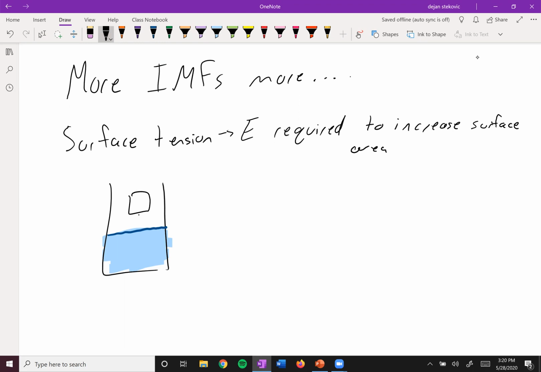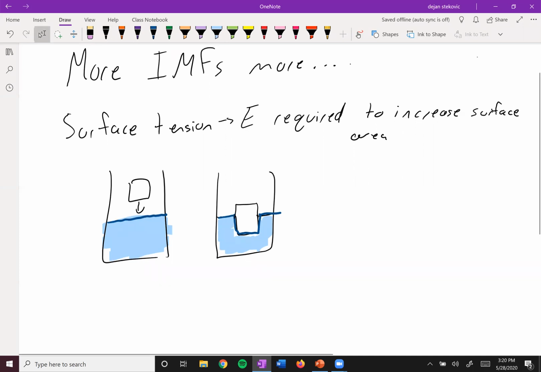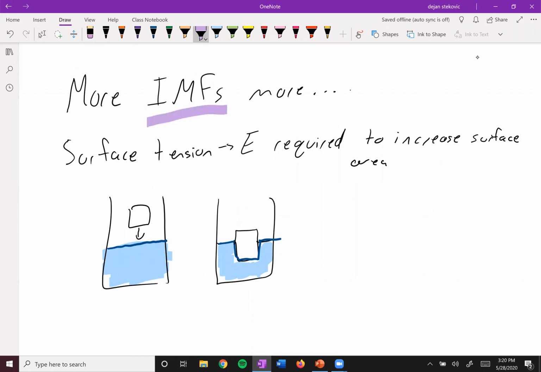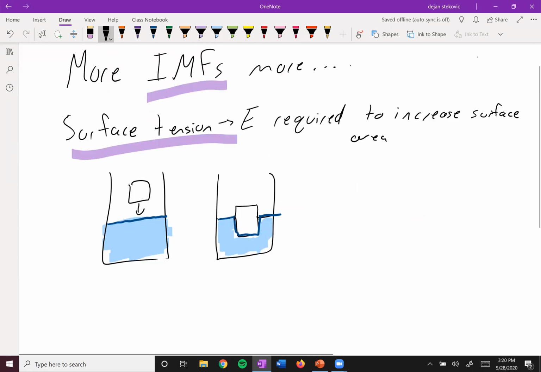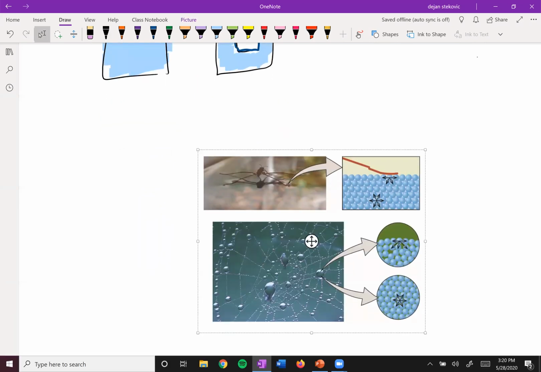Then we throw a block in here, and you can see that the surface area, indicated in dark blue, has increased. The harder it is to do that, the more surface tension something has. The more IMFs we have, the more surface tension, the harder it is to do that. And this picture illustrates the why behind that pretty well.